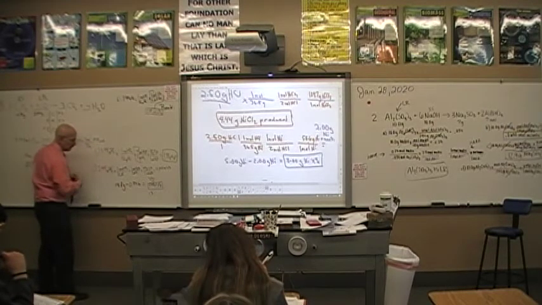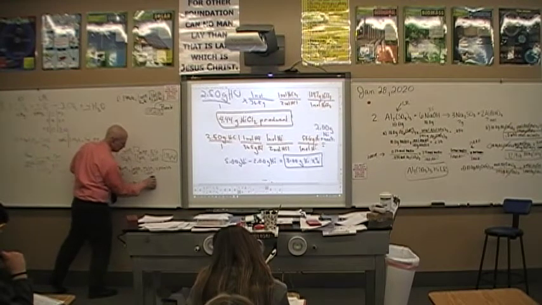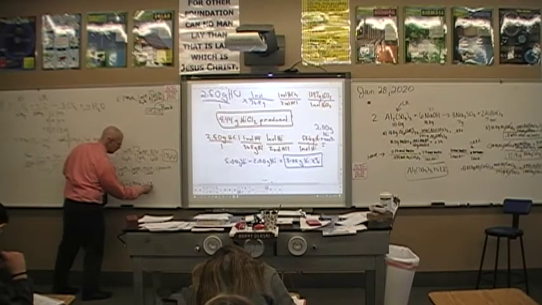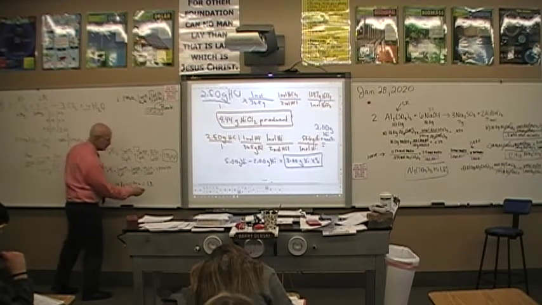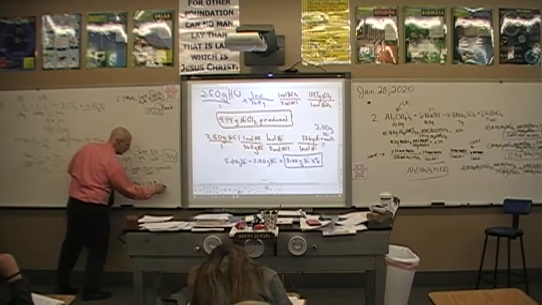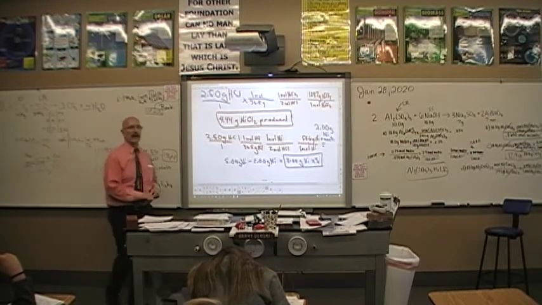And that would give me 13.8 roughly. 13.8 and 13.7, something like that. And we can call it leftovers or excess reactant or whatever.